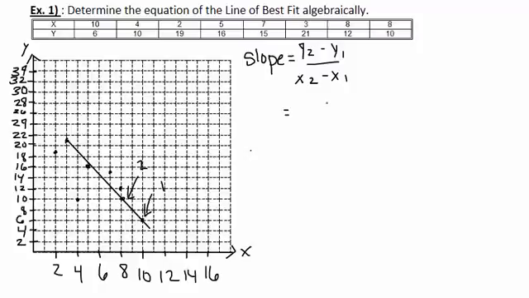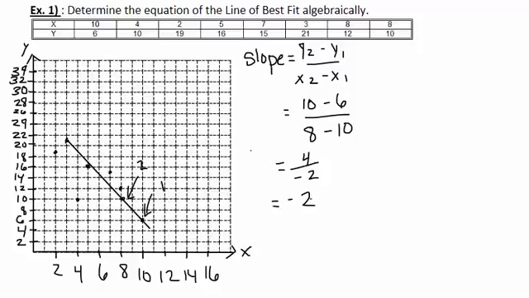So my y2 minus y1 is going to be 10 minus 6, and my x2 minus my x1 is going to be 8 minus 10. As such, we are going to get 4 over negative 2, or just negative 2 as my slope.